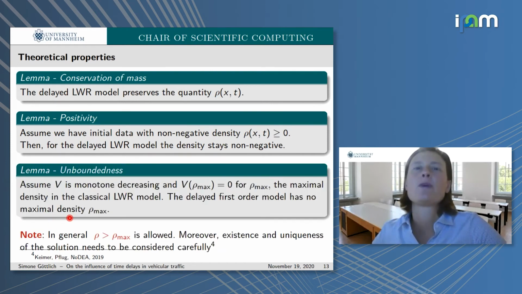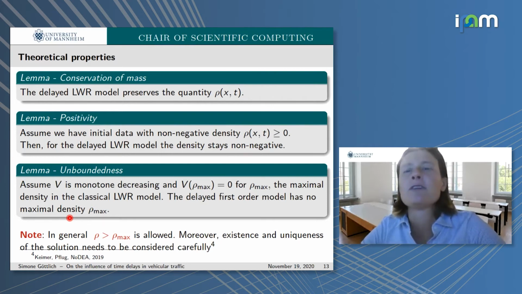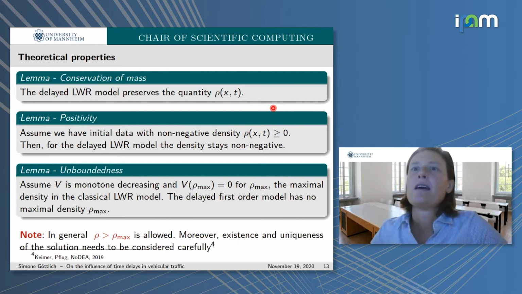And we have the unboundedness, meaning that assume V is monotone decreasing and V of rho max is 0, where rho max is the maximal density in the classical LWR model. Then the delayed first order model has no maximal density rho max. As I told you, it's allowed that rho can be greater than rho max.